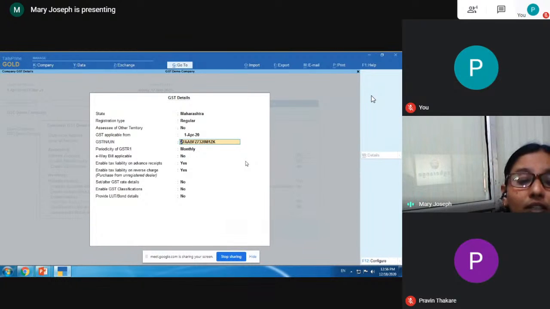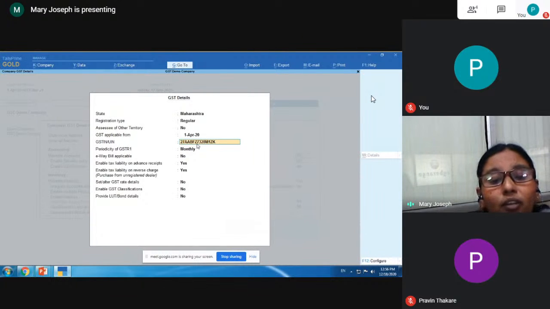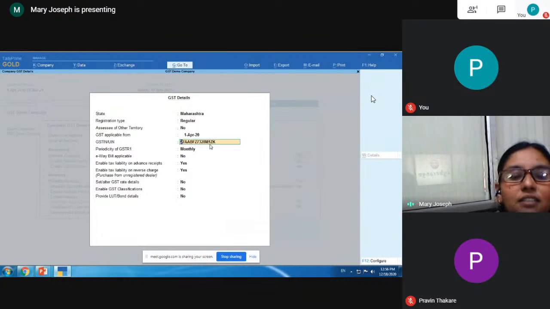Then the next one is the PAN number, 5 characters, 4 numeric and 1 character. These 10 alphanumeric characters are the PAN number. Another is a code, and the last one is a code number for the specified company.